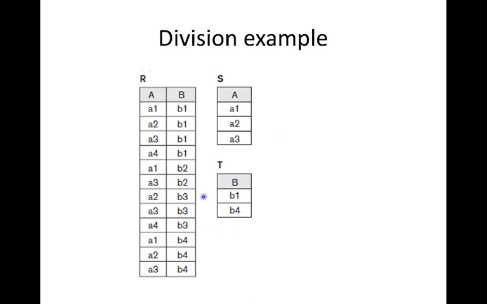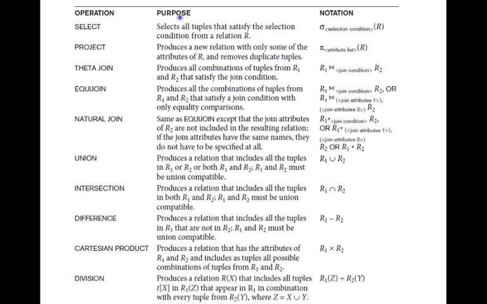So in some cases we need to apply this division operation also. These are the operations that we have learned till now. The select operation, then project, then theta join, which we have already seen, then equi join. Theta join is actually a general join condition. Equi join is based on some equality condition.